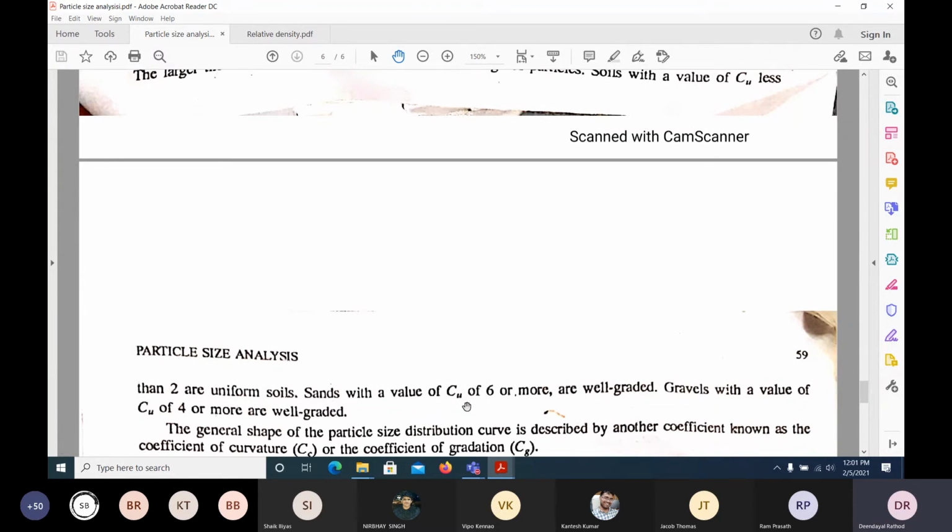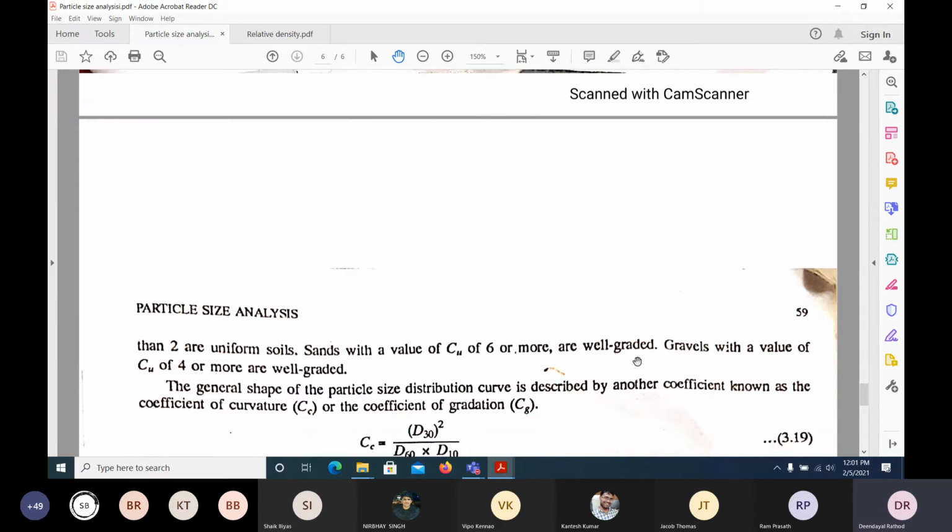Sands with a value of Cu 6 or more is well graded sand. Okay, Cu 6 and more, it is 10, well graded sand. Gravel with a value of 4. If you are getting 4 and a little more, you will get gravel.